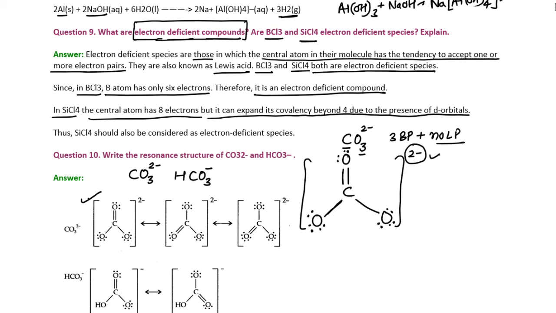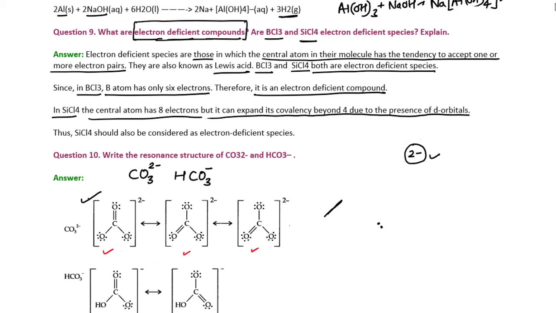So that double bond may be anywhere, at this position, this one, or this one. That's why structures are like this: 1, 2, and 3. And what happened with the resonance? Due to resonance, bond order is averaged. So you can write its resonance hybrid. These are resonating structures.